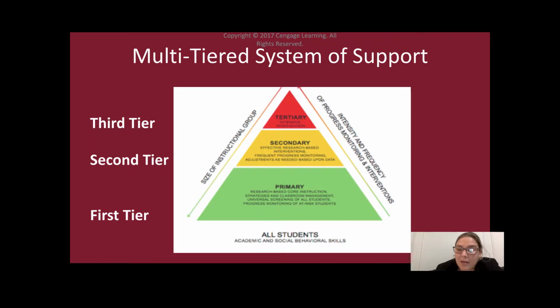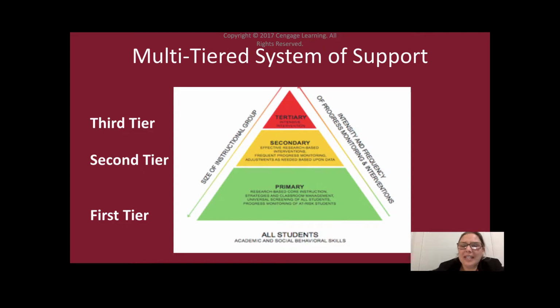In an MTSS model, typically you see a pyramid. In our bottom pyramid, we have the majority of our students, typically about 80% of our students, who can have their needs met through a research-based core instructional unit or curriculum.